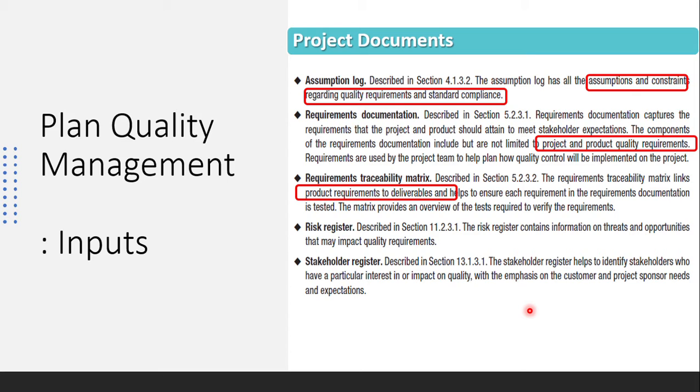Maybe the information security manager of the customer's place has requested that all the screens or the user logins or user profiling should be in line with ISO standards. So the requirements traceability matrix will link the requirements, the deliverables, who said it, and the other parameters required for each requirement.